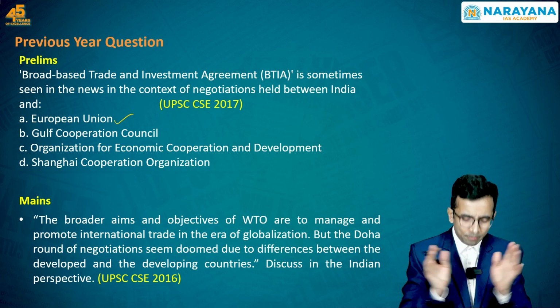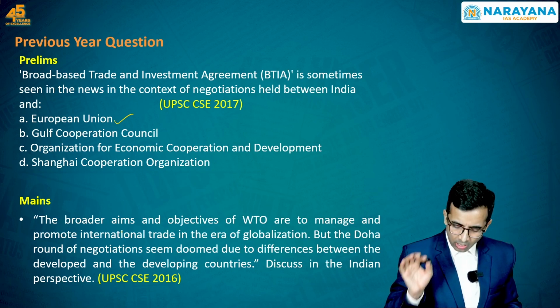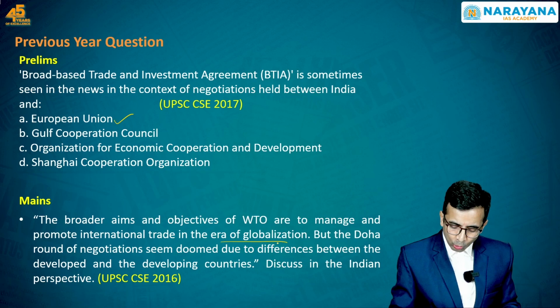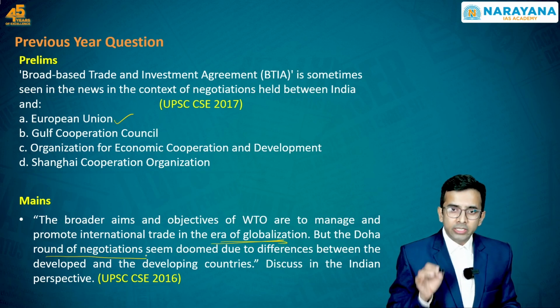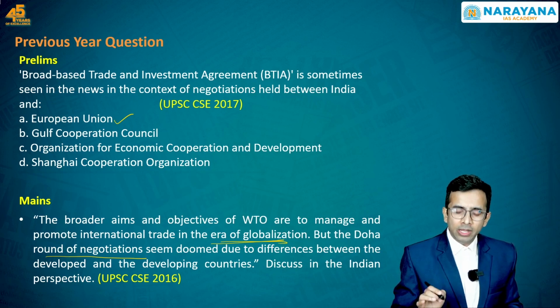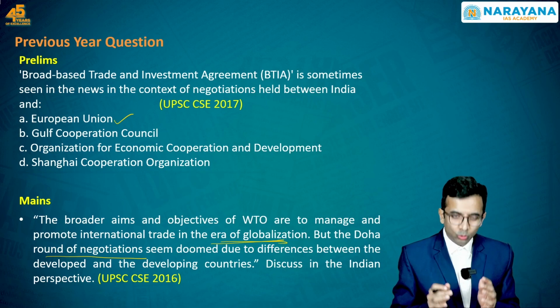preliminary examination. Second, if you look at this particular mains question, the broader aims and objectives of WTO are to manage and promote international trade in the era of globalization. But the Doha round of negotiations seem doomed due to differences between the developed and the developing countries; discuss in the Indian perspective, asked in 2016.